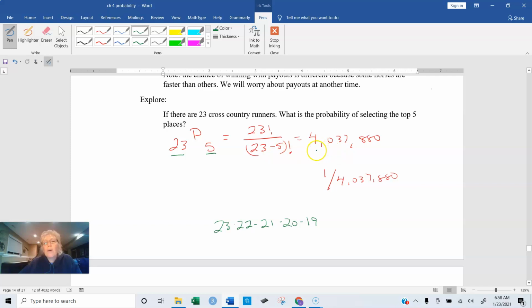And you got 4,037,880 different ways of doing this. When you do this, to choose one of them knowing nothing, it's 1 out of that amount. Remember, 23 people for the first, 22 for the second, 21 for the third, 20 for the fourth, and 19 for the fifth place.